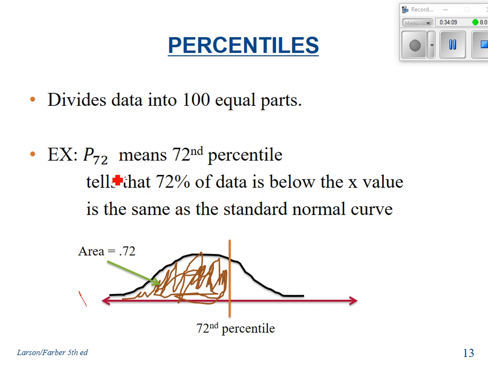Percentiles, been a while since we talked about percentiles. Remember that P72 means the 72nd percentile. Somebody help me out, what's it mean to be in the 72nd percentile?